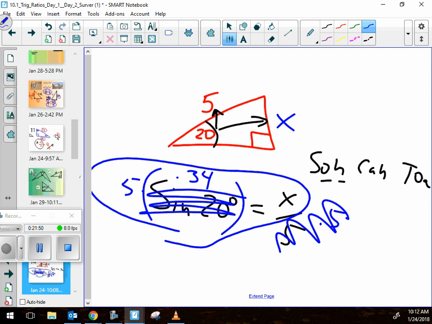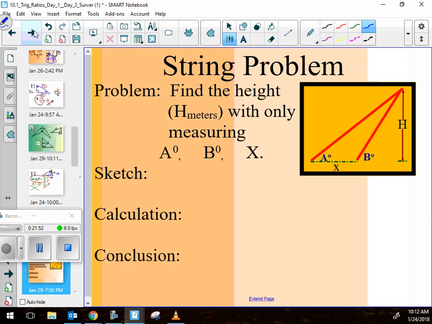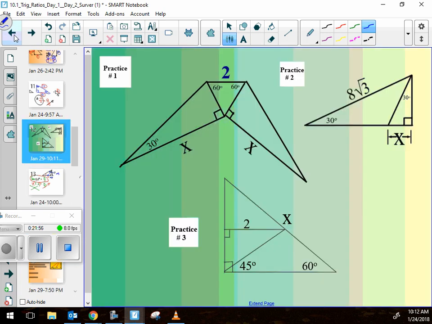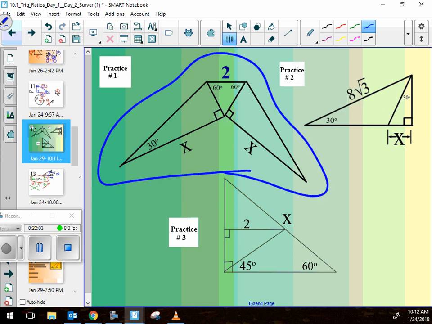All right. That's the basics of setting up a triangle with trig. I am going to show you this page now. And there's practice 1. I'm going to have you focus on this one right here. Because what did I tell you you needed? One side and one angle. And if you're going to try to figure out x, you look at this and you have an angle, but you don't have a side in that blue triangle I just did?